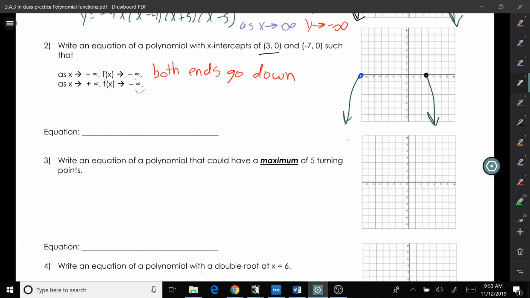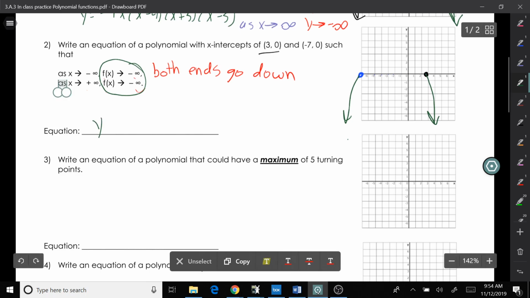This problem doesn't say anything about degree or a positive or leading coefficient, but since the end behavior is here, that tells us that the leading coefficient must be negative. So y equals negative, can be any negative number.